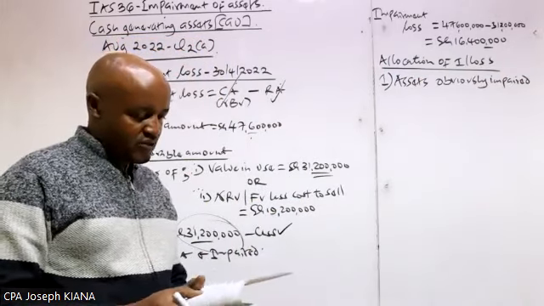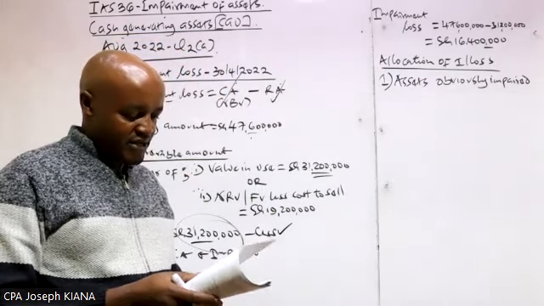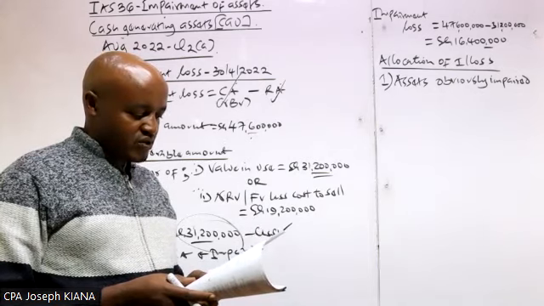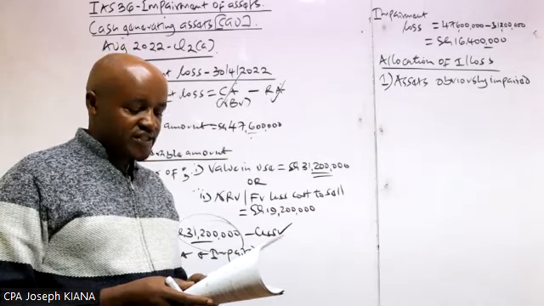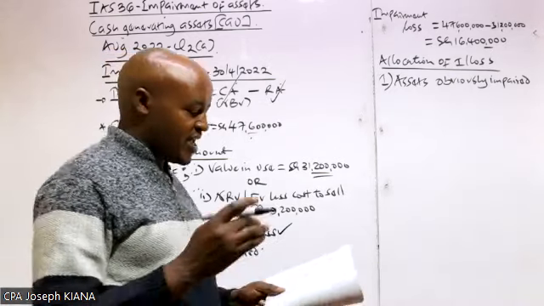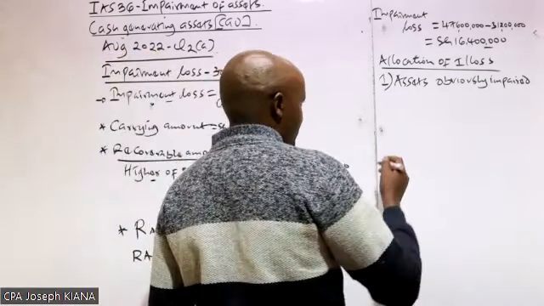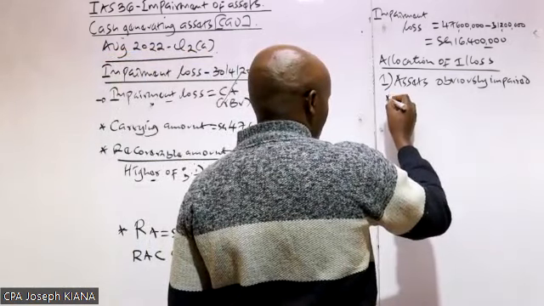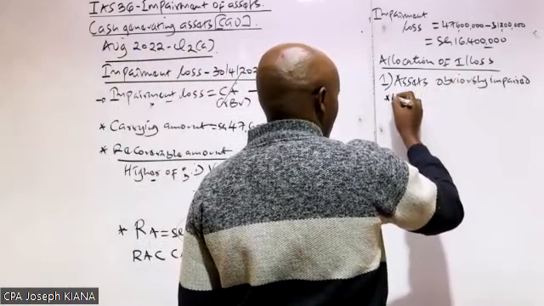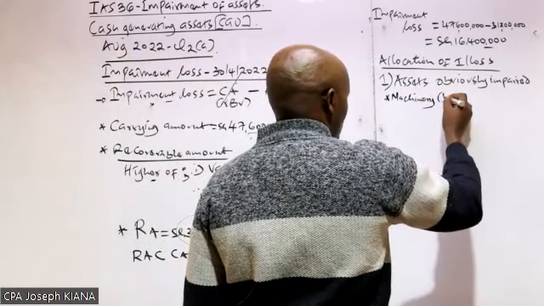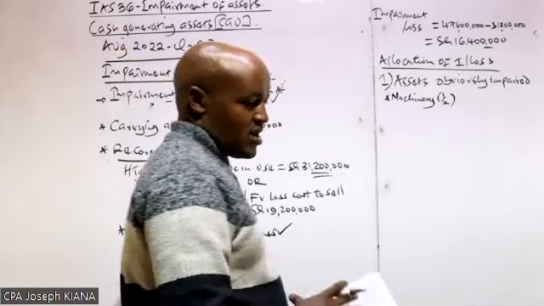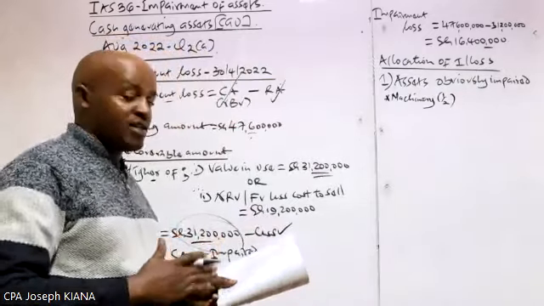Now, if we go back to the information provided here, specifically note number 2, we are told half of the machinery have been destroyed and have no resale value. So half of the machinery are obviously impaired. So we take machinery, but not all of it, only half of it.